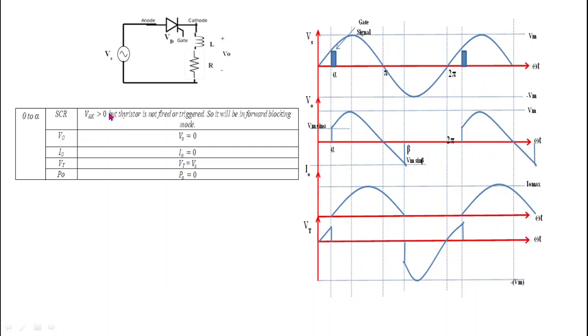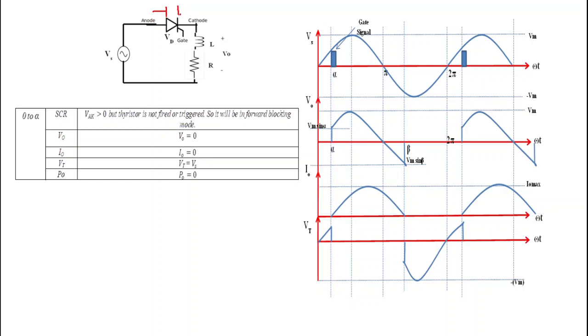But the thyristor is not fired or triggered yet, or we can say that gate current is not applied to the gate of the thyristor. That's why this thyristor acts as an open switch, or we can say that the thyristor is in forward blocking mode. So during this mode from 0 to alpha, this thyristor acts as an open switch.